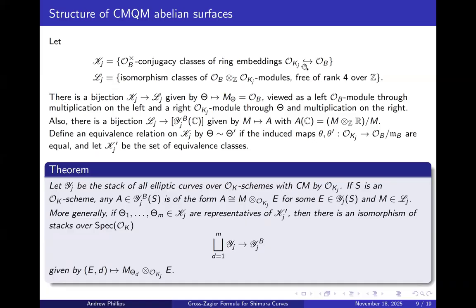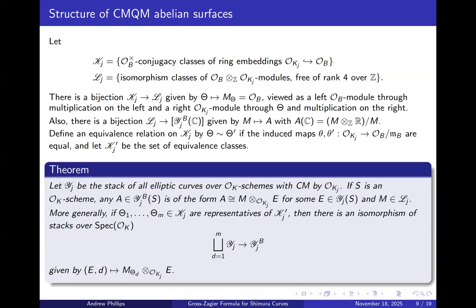It's a bit technical, but let's look at these two sets of algebraic objects. You look at these ring embeddings of OKJ into OB, the OB-cross conjugacy classes of these things, and then you also look at these isomorphism classes of modules over OB tensor OKJ, let's say rank 4 over Z.